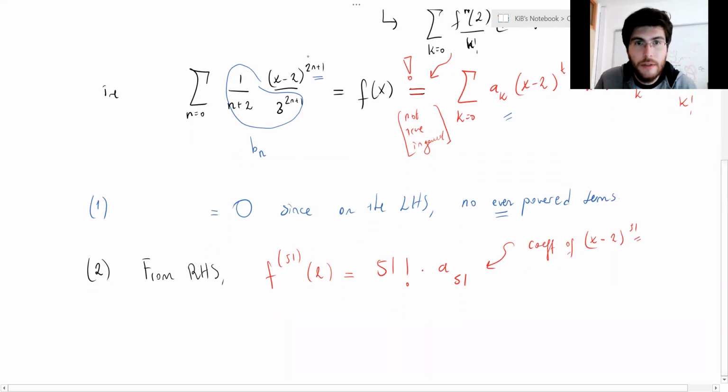But on the left-hand side, be careful. Indices are different here.